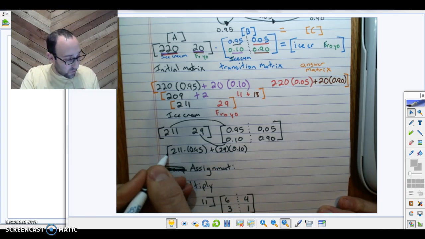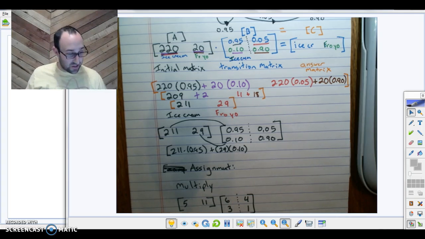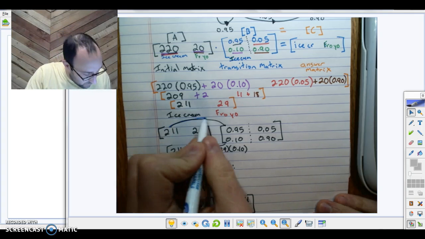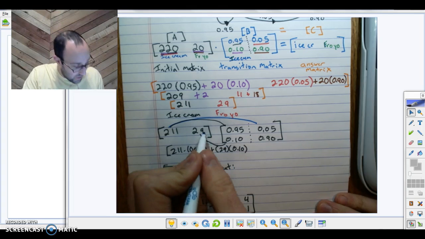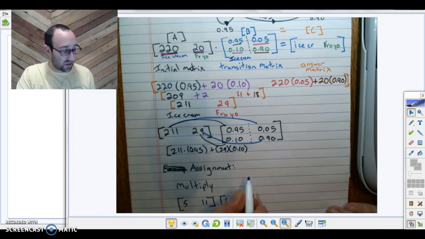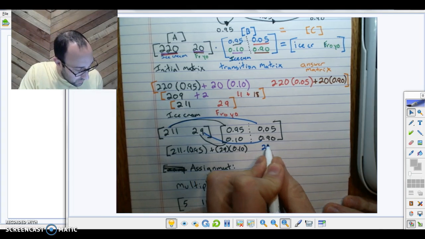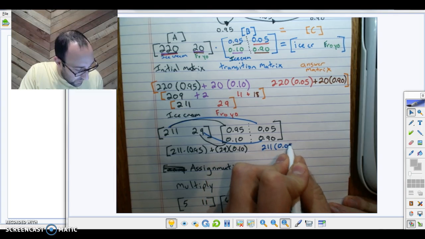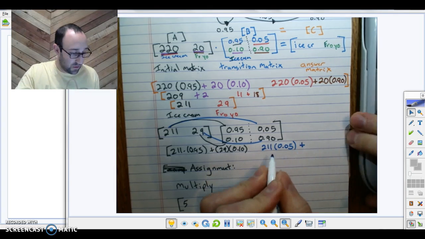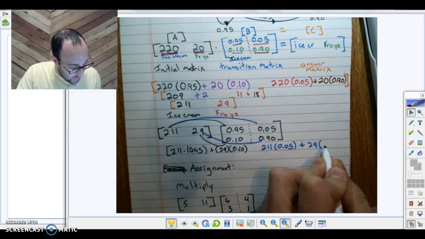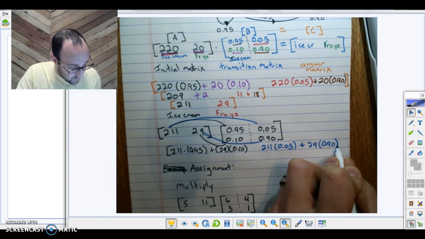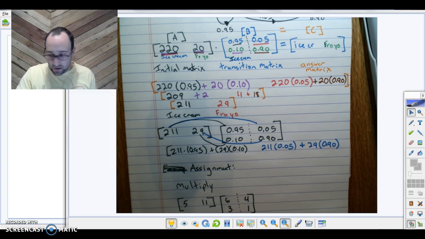So that's going to be the first part of the matrix, and then we're going to do the same thing again. 211 times 0.05 and 29 times 0.90. So it's going to be 211 times 0.05 plus 29 times 0.90. And that would be my matrix.